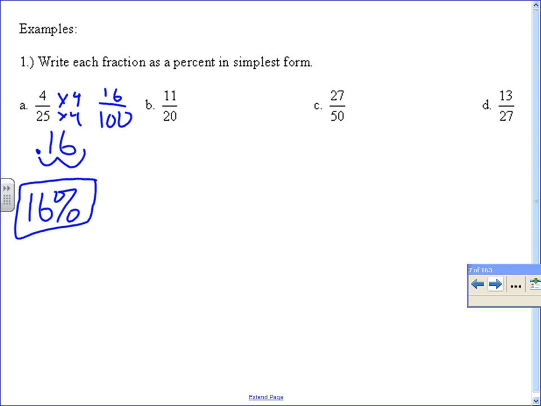Those are one of the 2 strategies that I would use, but did anyone do anything different? Zach, what would you do? You did the proportion method. Very good. You're ahead of us. Annalise.